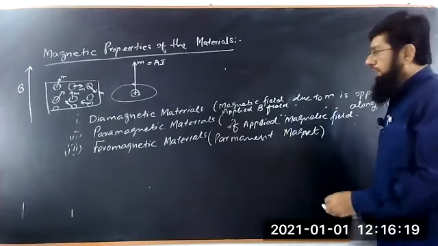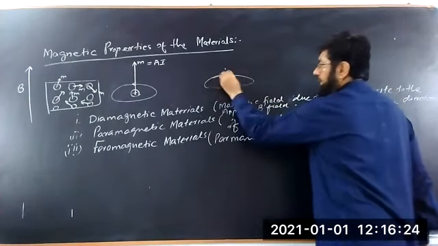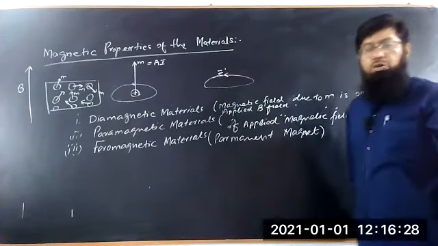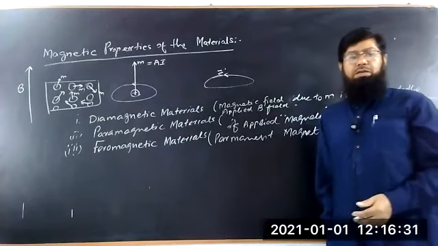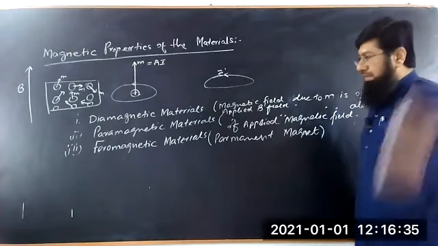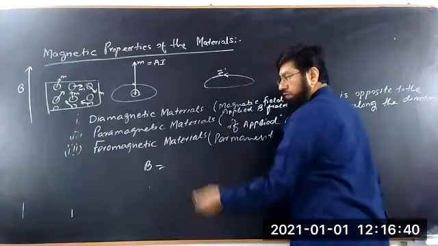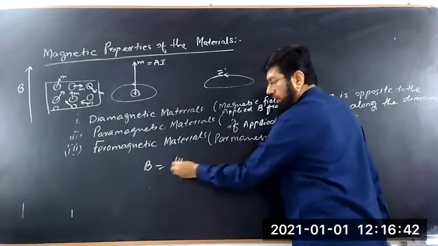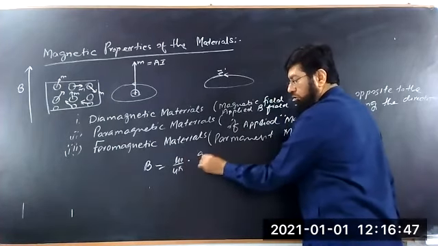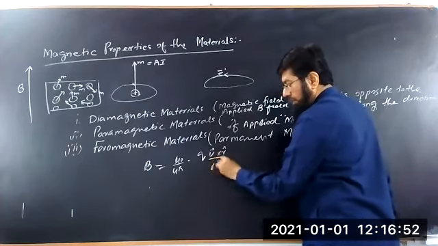Because now you know that when a charge is moving, the motion of the charge produces a magnetic field. Moving charge produces a magnetic field. Yesterday we discussed that the magnetic field B due to a moving charge is equal to mu naught over 4 pi into Q V times the unit vector over R squared.